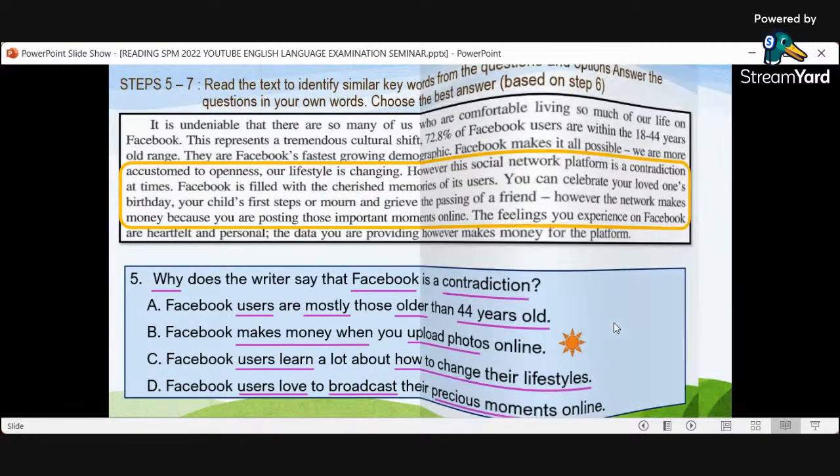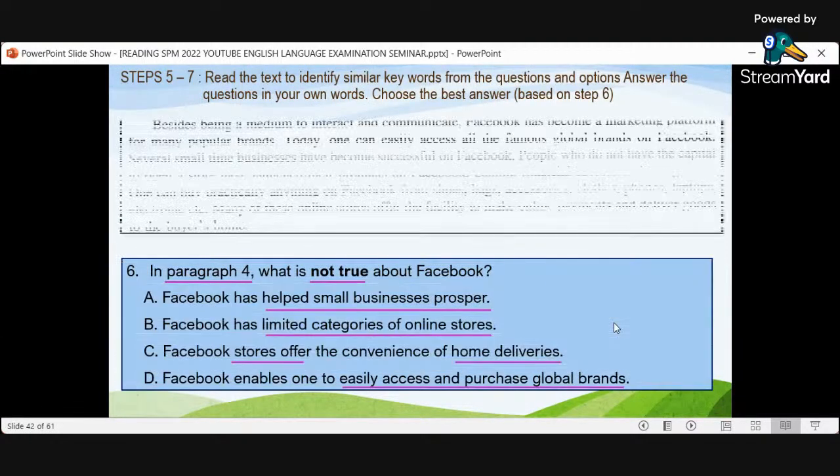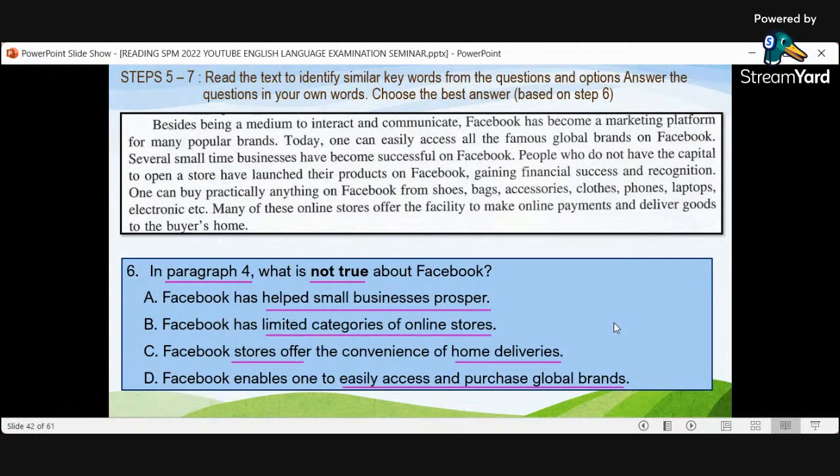Okay, then you have paragraph number 6. In paragraph 4, what is not true? So you look, one can easily access all the famous global brands on Facebook. Several small-time businesses have become more successful on Facebook. One can buy practically anything on Facebook. All right.